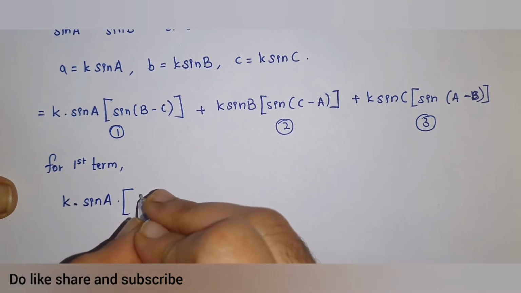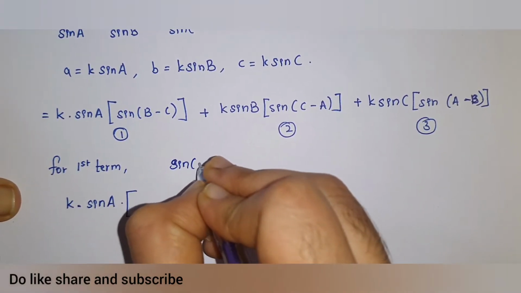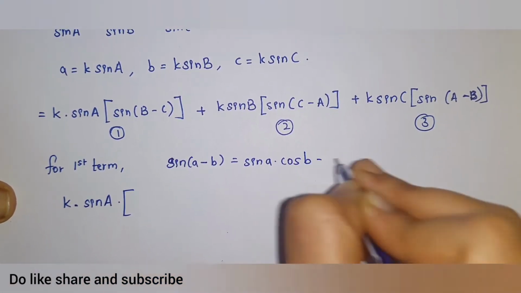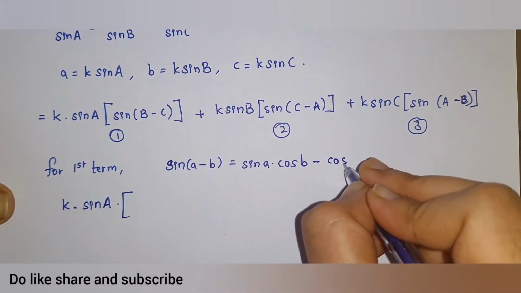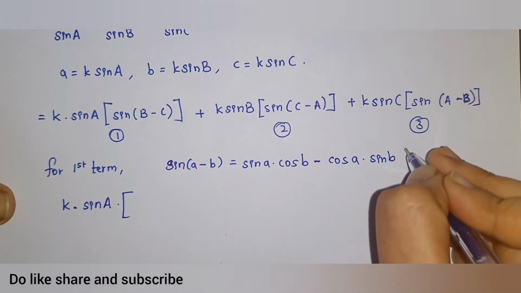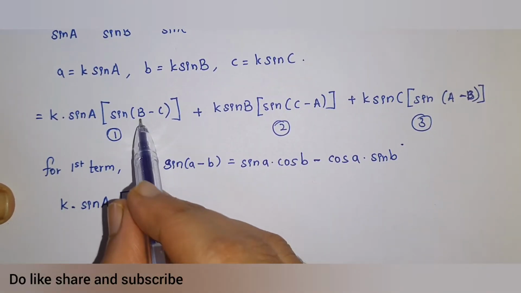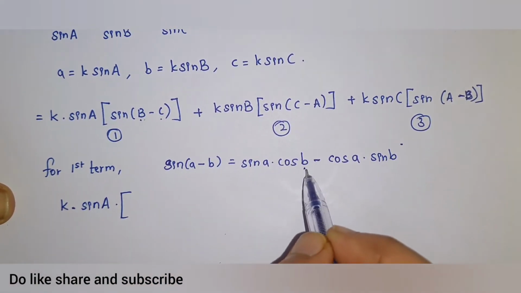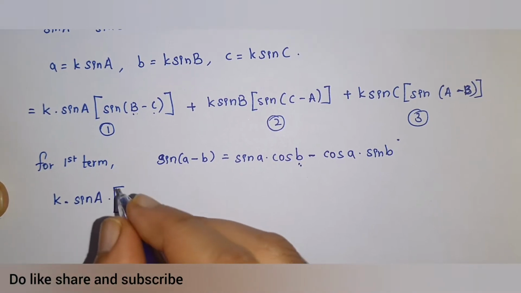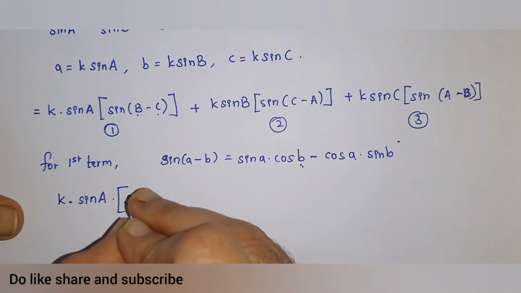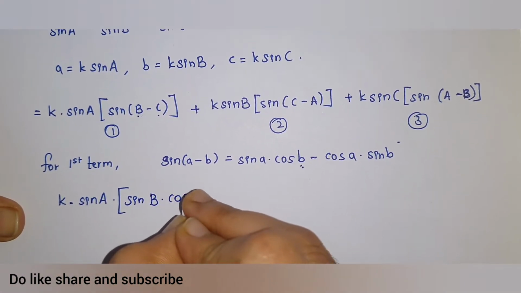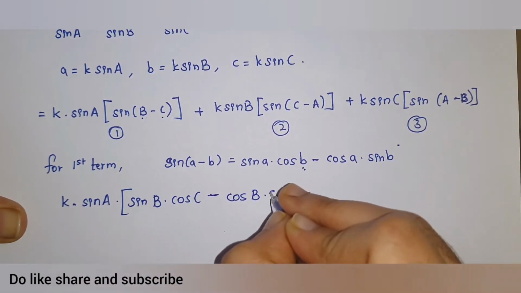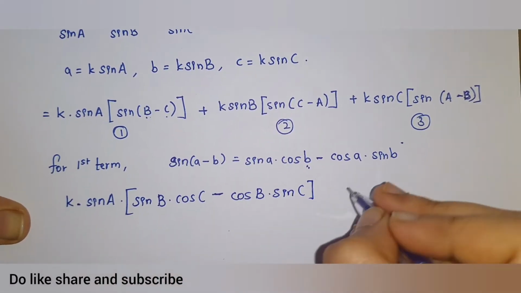So we know that sine of (A minus B) is equal to sine of A into cos of B minus cos of A into sine of B. Similarly, here we have A is equal to capital B, and capital C is equal to small b. Now we'll be substituting here, and we'll be getting sine of B into cos of C minus cos of B into sine of C. This was the first term.